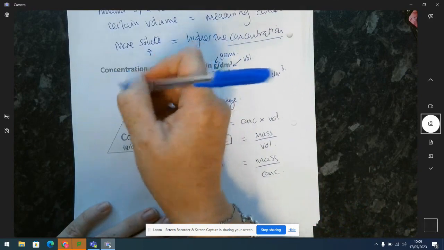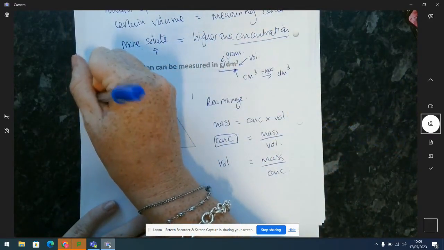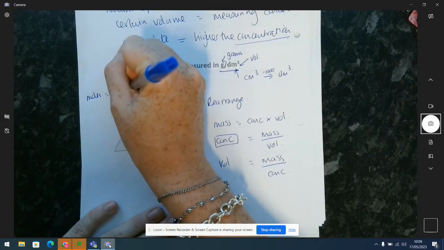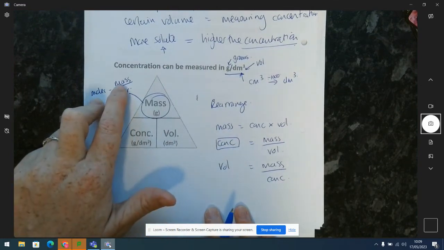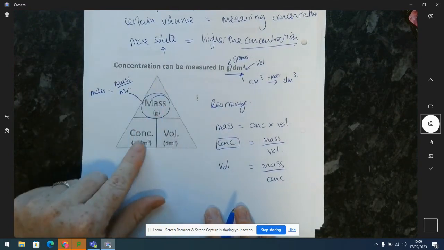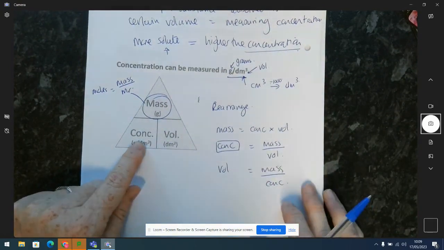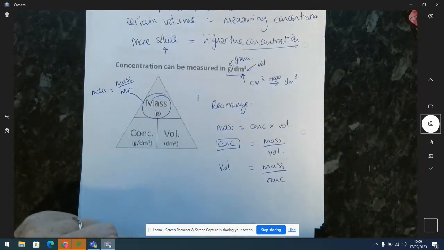Now, mass comes up in other places. If you remember, moles equals mass over Mr. So you might be given these two things, have to work out what the mass is, and then calculate the concentration of a substance. Just be mindful, you can pull other calculations into this specific triangle.